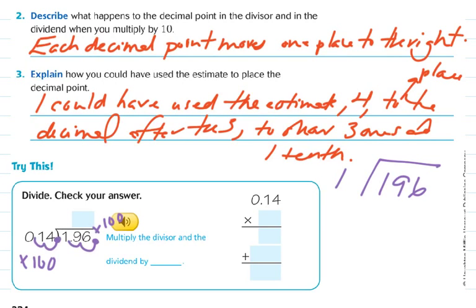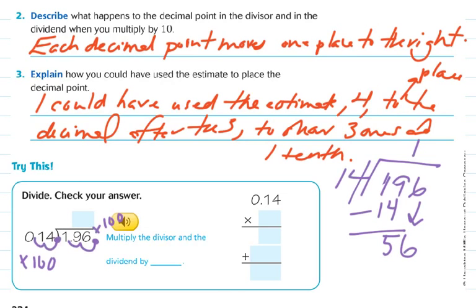So our new problem is 196 divided by 14. So now what we can do is we can divide normally. When we divide, sorry about that, boys and girls, we think 19 divided by 14 is 1. 1 times 14 is 14. 19 minus 14 is 5.